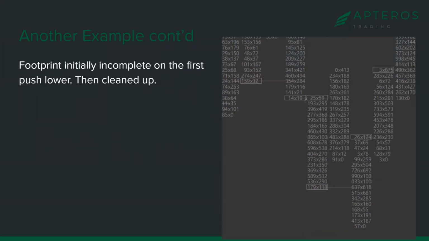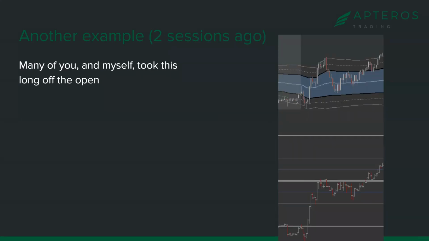So again, first push 179 by 118, drifts up, comes lower, cleans it up 57 by 0, and now we get a momentum shift, right? All of that happened within the sequence here, right? Push down, push up, clean it up, and go.